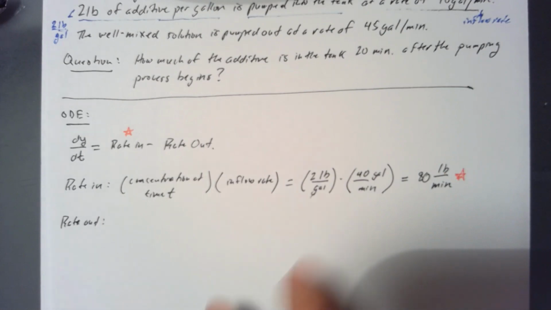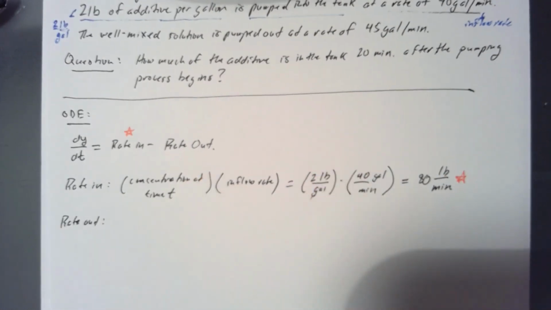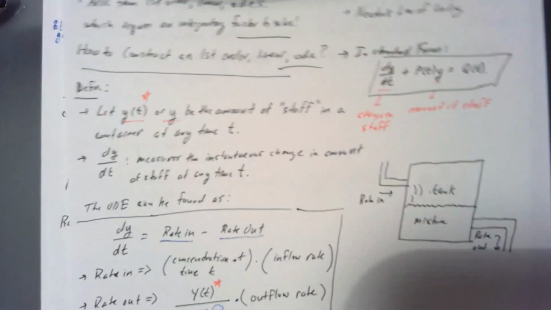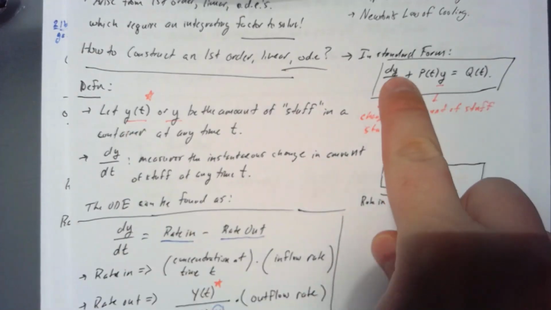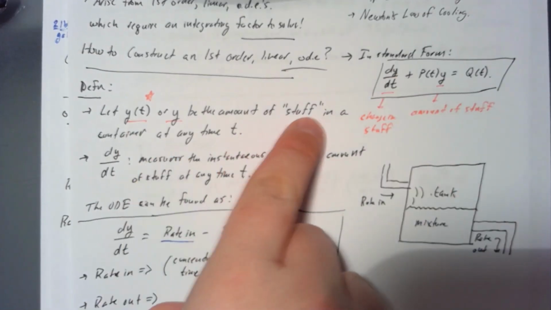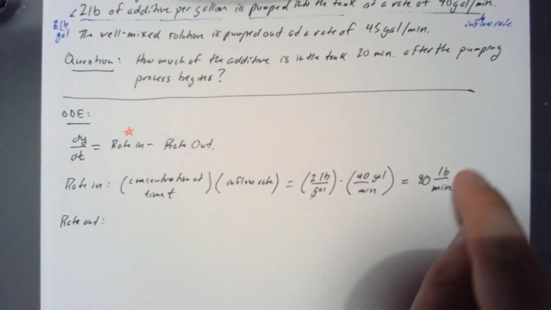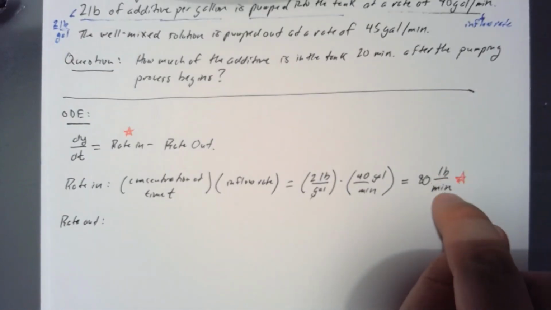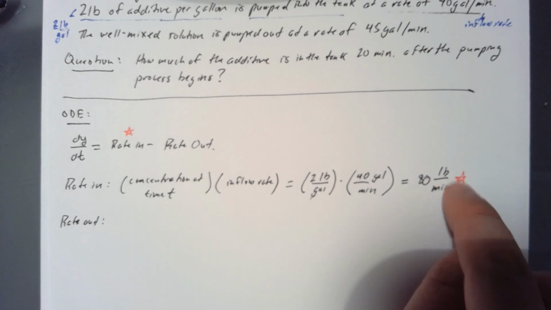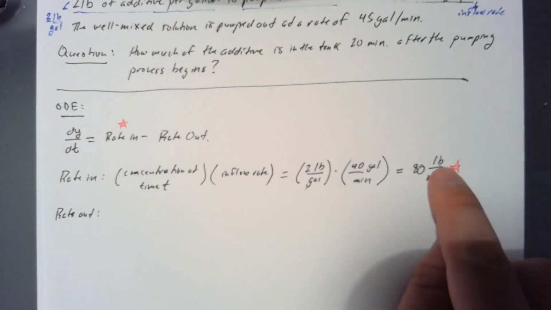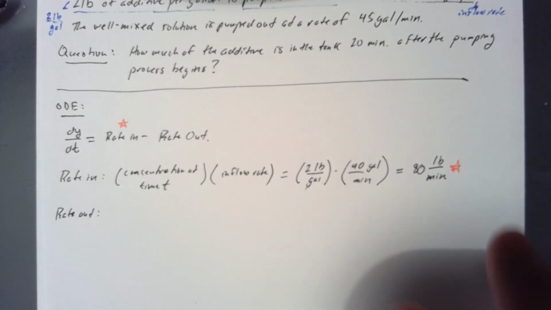What is the differential equation modeling? Y is the amount of stuff in the container at any time. Look at the units: the amount of stuff per time. That's exactly what we're trying to find, the amount of stuff at a given time, and the units are telling us that this is correct.